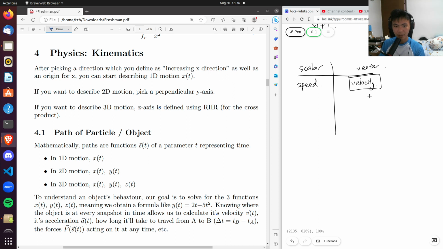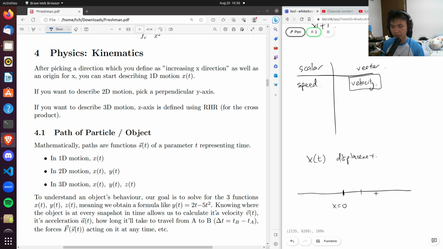When we define x of t, displacement, we need to define a certain direction in which it's increasing. So what this means is that if I have a line over here that the particle in one dimension is moving in, then we define somewhere to be the origin, corresponding to x equals 0, and then I need to choose which direction corresponds to increasing x.